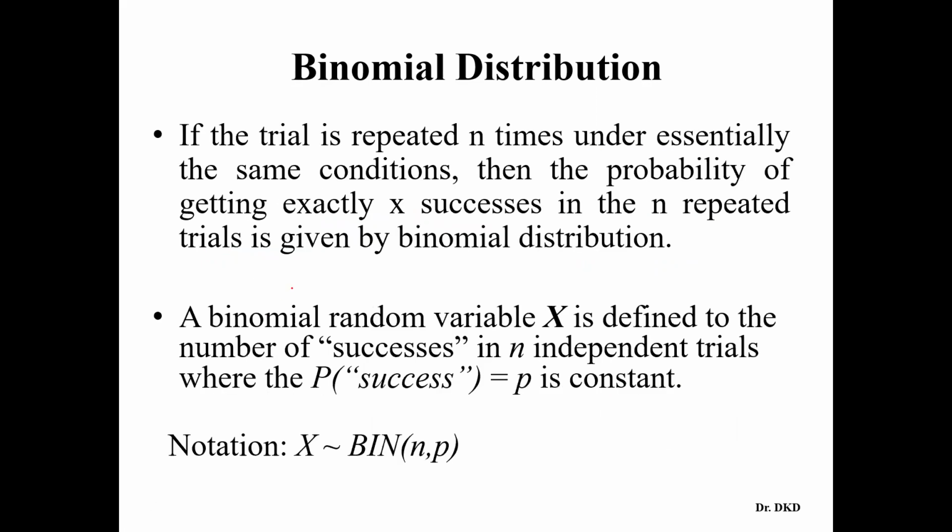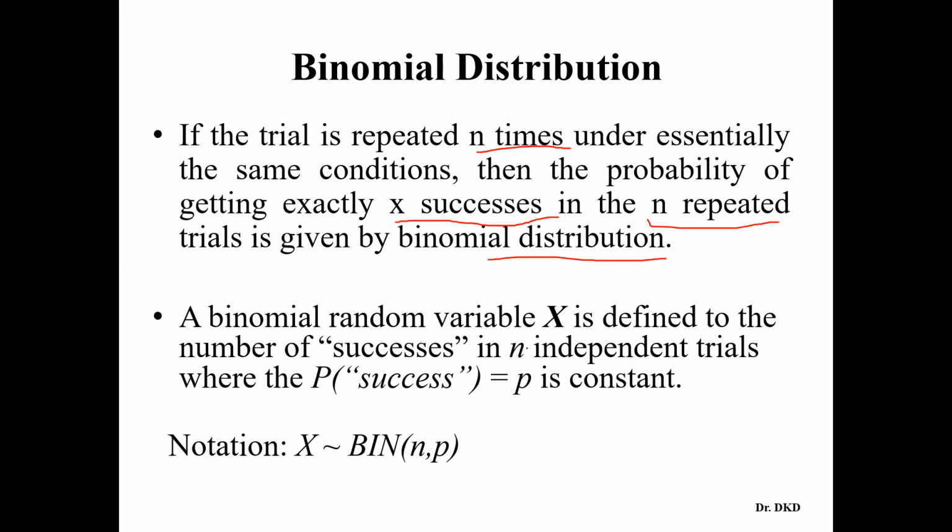In binomial distribution, if the trial is repeated n times under essentially the same conditions, then the probability of getting exactly x successes in the n repeated trials is given by the binomial distribution.